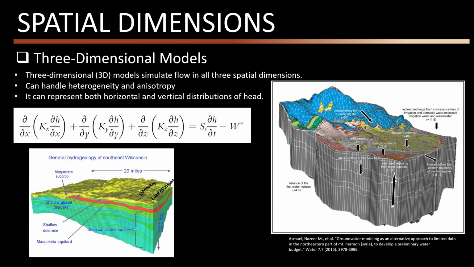Technically, we can use the solver to solve the 3D groundwater equations that we already talked about in previous models, and solve for the head changes in x, y, z, and t.